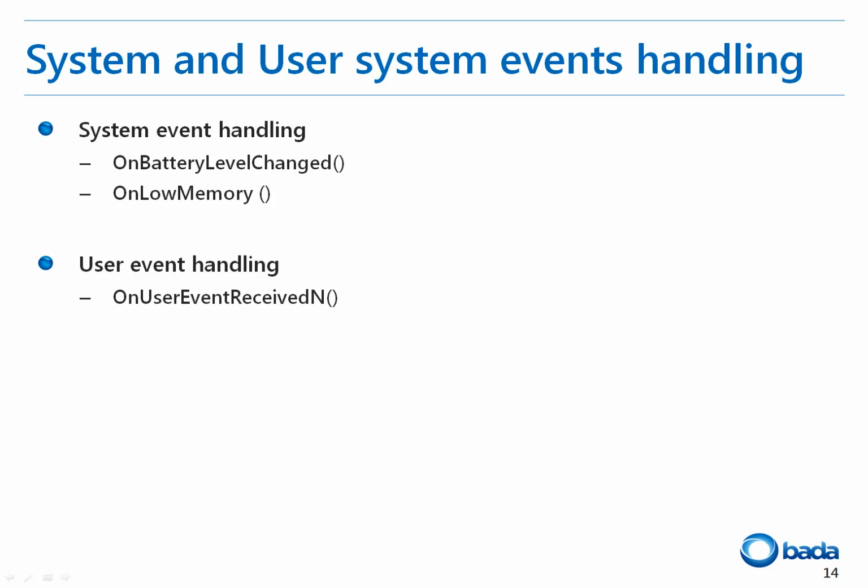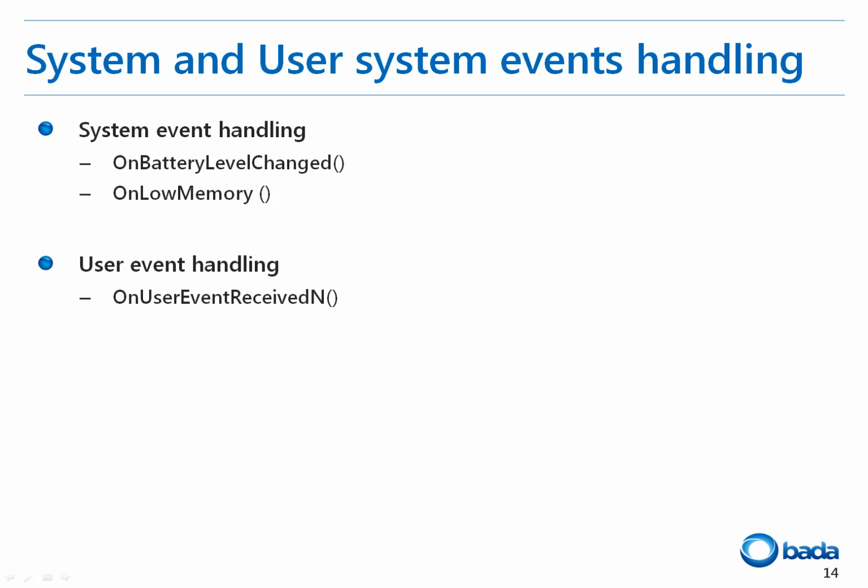It's recommended that applications that consume more battery power should be terminated if the battery level is OSP, System, Battery, Critical. When the system detects that the system-wide memory or application heap is insufficient to continue running the application, the OnLowMemory event handler is called.